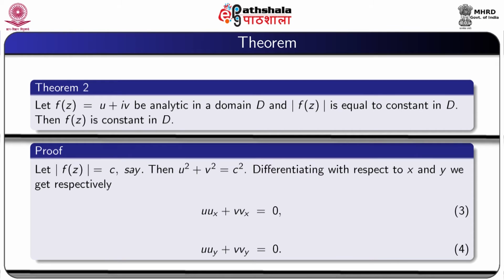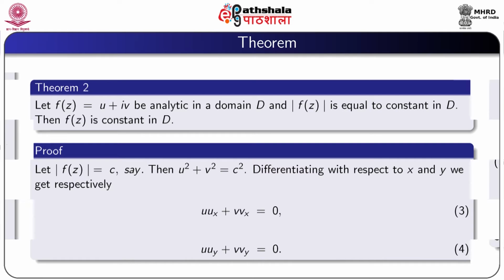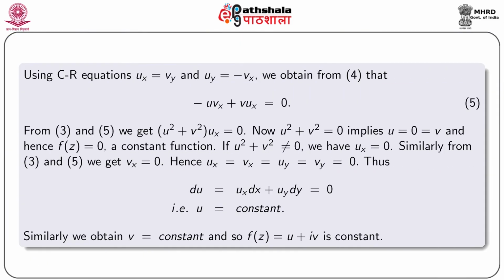Now, differentiating this relation with respect to x and y, we get respectively u into ux plus v into vx equal to 0, and u uy plus v vy equal to 0. Now, using Cauchy-Riemann equations, that is ux equal to vy and uy equal to minus vx, we obtain from the last relation minus u vx plus v ux equal to 0, which is number 5.